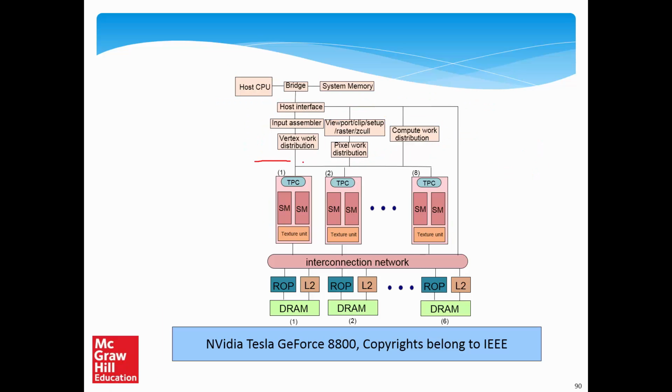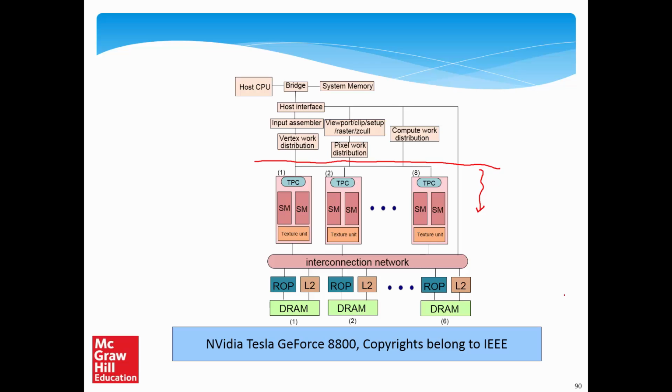So pretty much above this, we have a certain differentiation of the source of the work. Above the line, we can have different sources of work, and of course the pre-processing is there. Below the line, it is somewhat more generic, even though not 100% generic. So we have 8 TPCs.